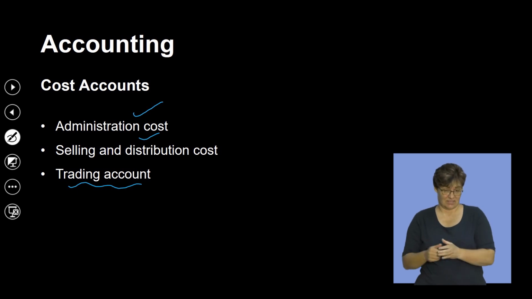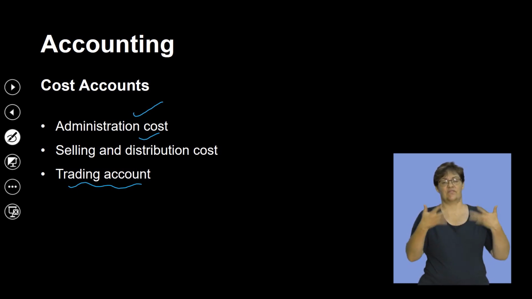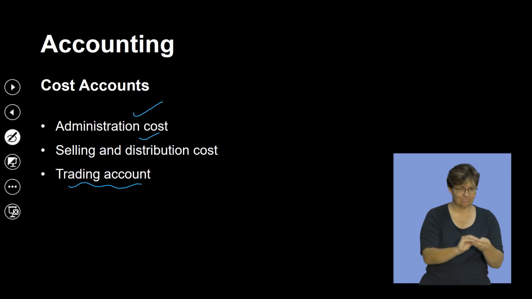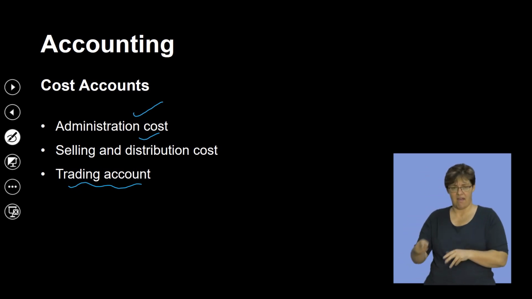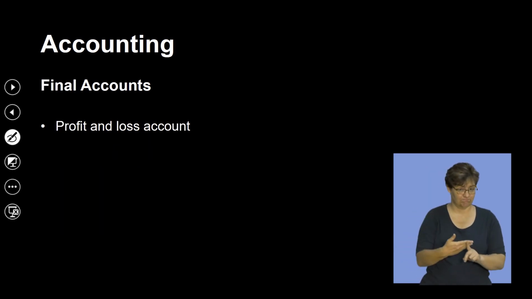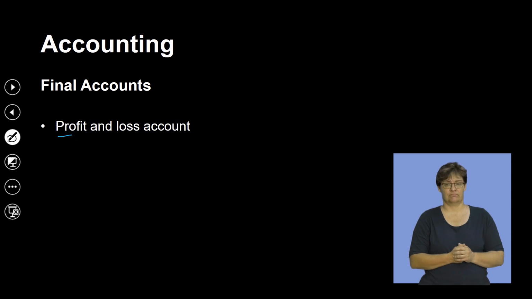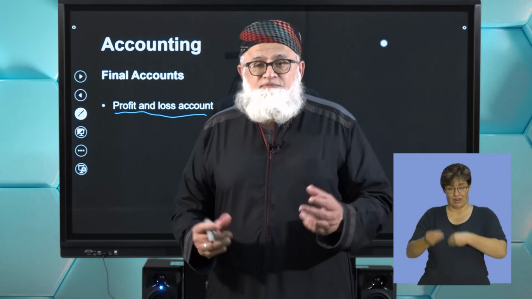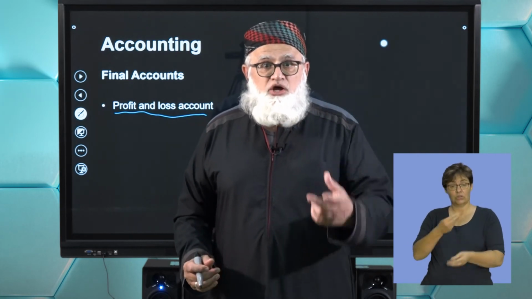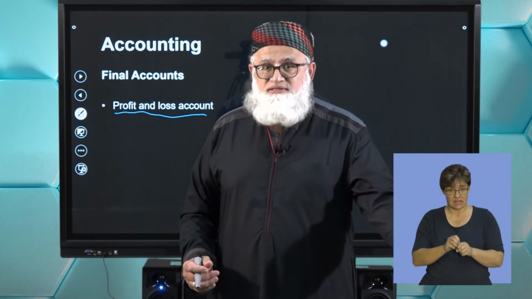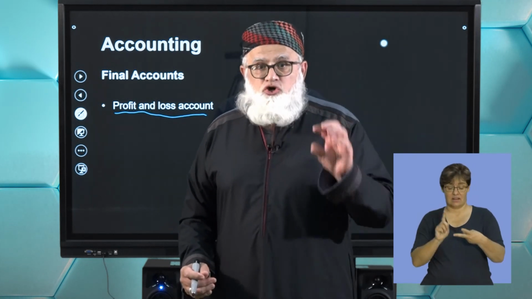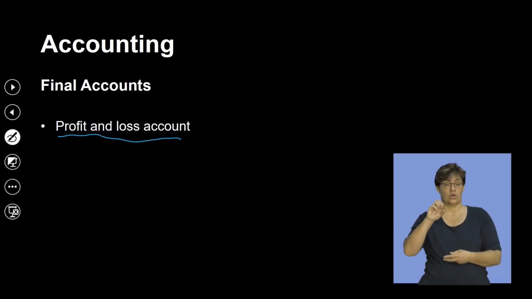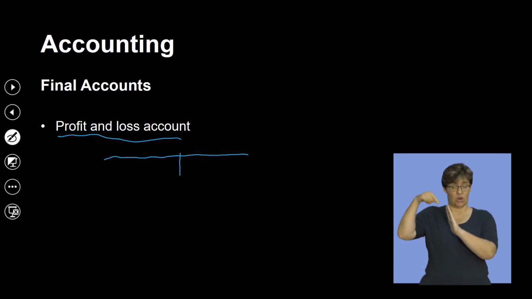We've dealt with these accounts as well. So this is just basically a recap and a review of all the accounts that we have been dealing with thus far. We said finally you will have a trading account. The two trading accounts are your sales and your cost of sales, and thereafter your gross profit. In your profit and loss account, you will now deal with what?